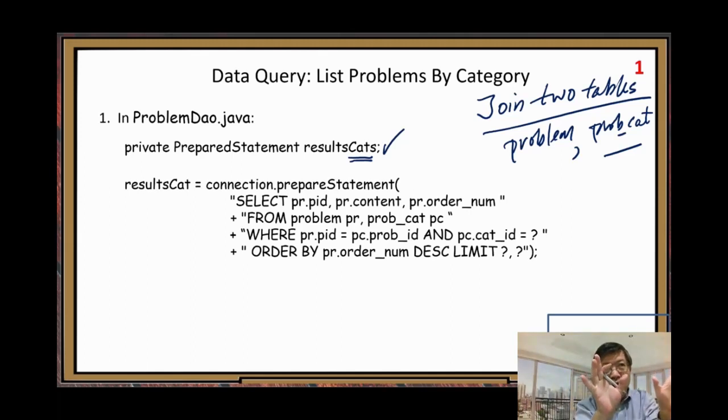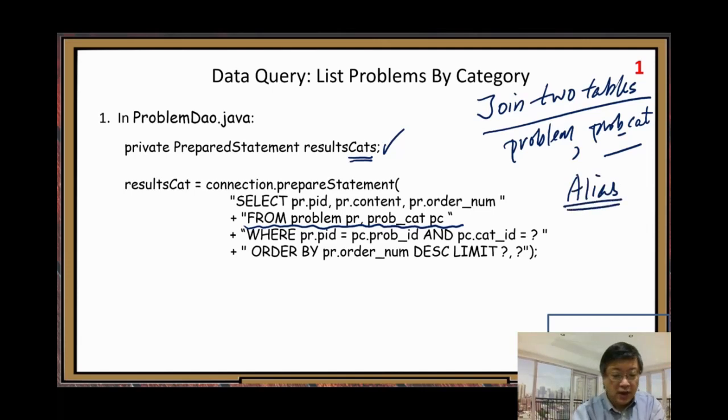So what's the join operation? I will explain a little more later. So here, look at the first thing. After this from clause, table 1, problem. I use PR, the alias of the problem table, because later we need to refer to this table.